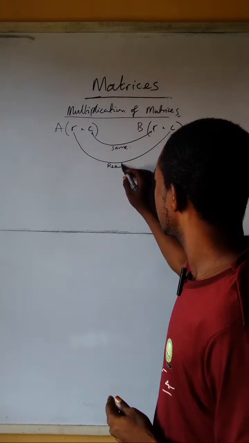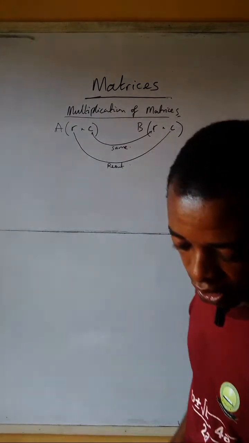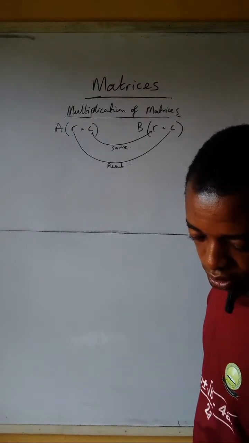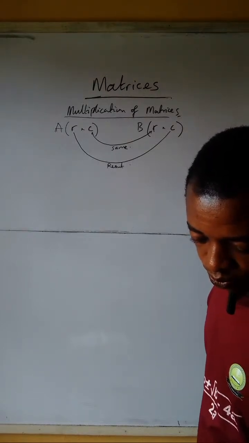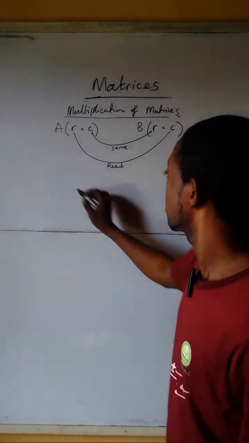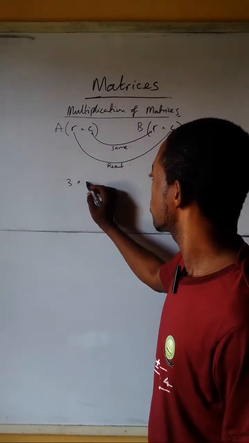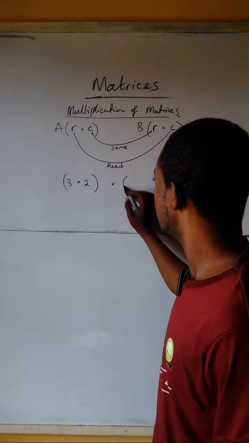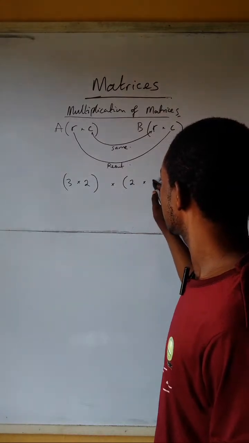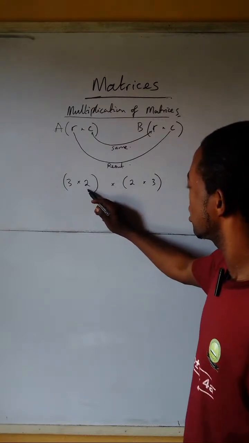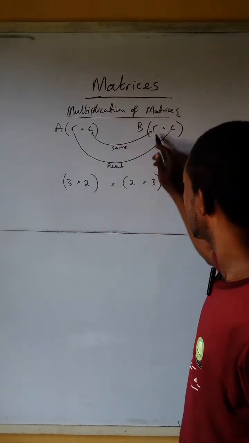For instance, you want to multiply a matrix which is of order 3 by 2 and 2 by 3. You are multiplying these matrices. Now, when you consider this, the column here is 2 and the row here is 2.